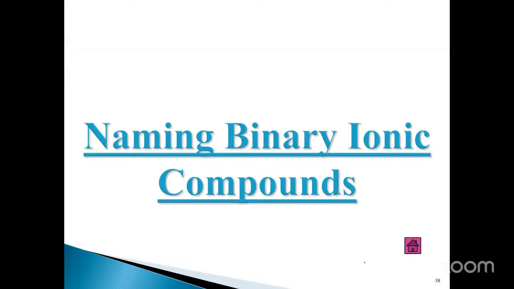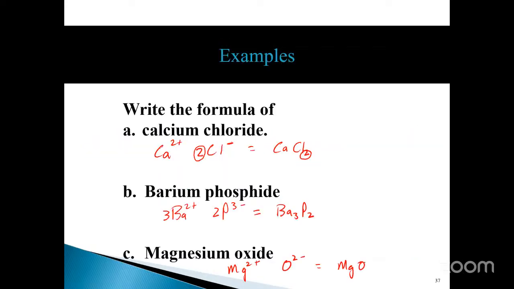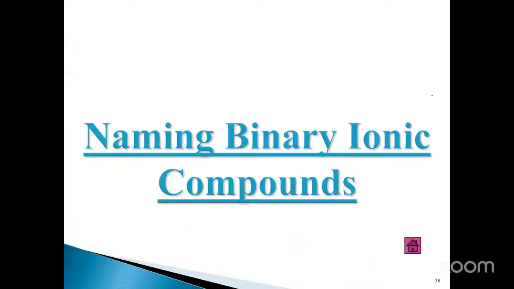So basically, by the way, these compounds are called binary ionic compounds. They're called binary compounds because they consist of two elements, right? So that's why they're called binary. And they're ionic because they're made up of ions, all right?